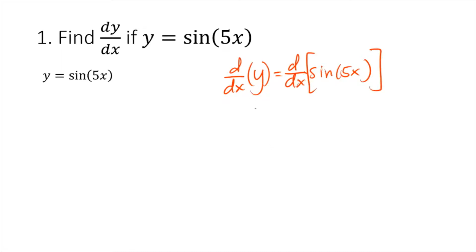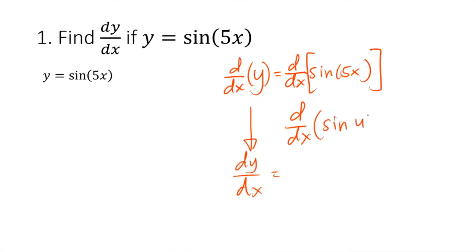The left-hand side of the equation, of course, is dy dx. And the right-hand side of the equation takes the form d dx sine of u, where u is the argument 5x.